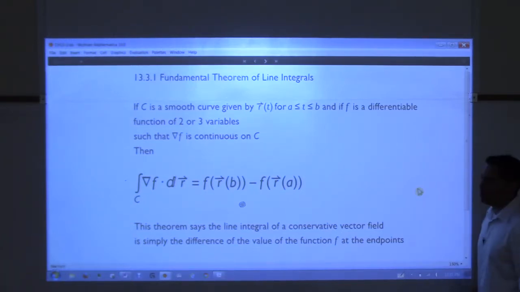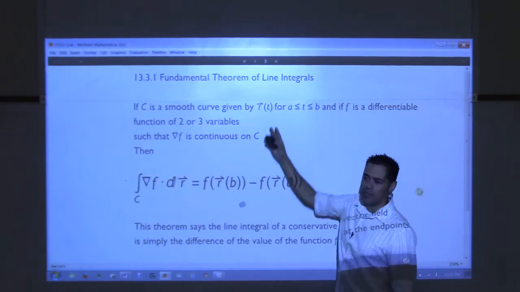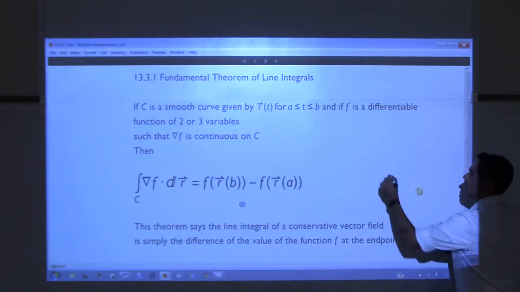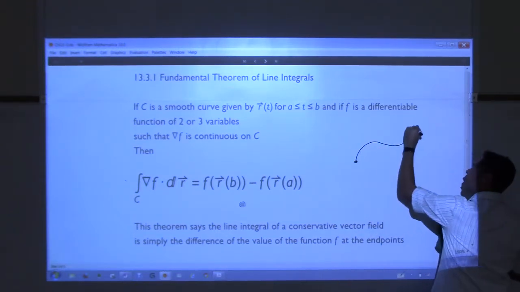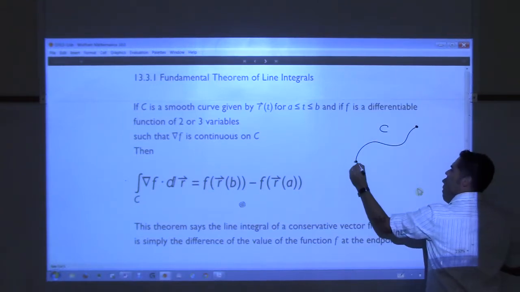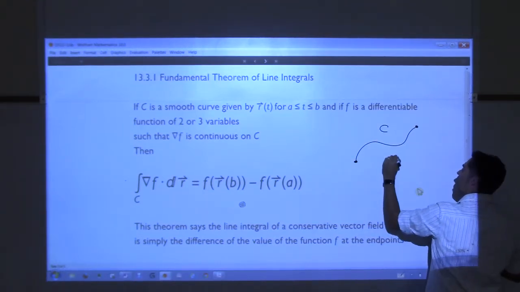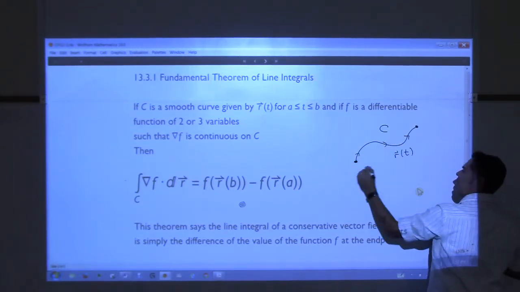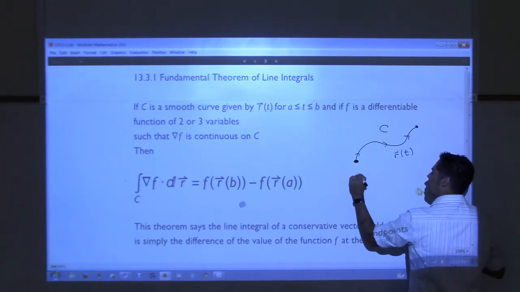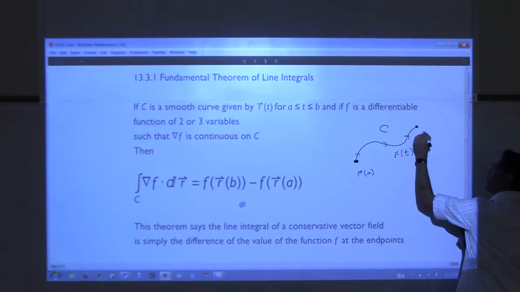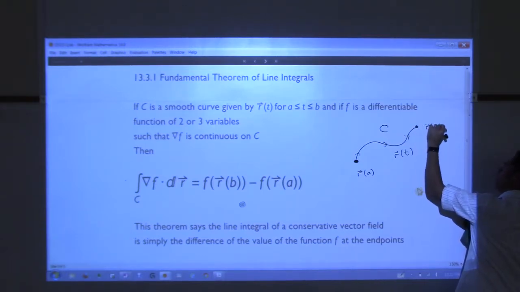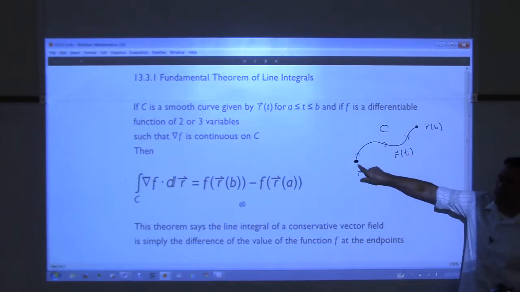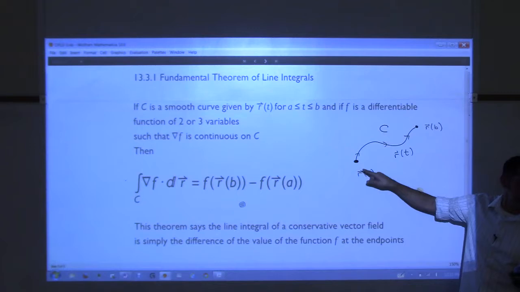If C is a smooth curve given by some vector function r of t, where t is restricted between 2 points A and B, so we've got this curve C. If we're going in this direction, this endpoint right here is r of A, and this endpoint right here is r of B. If you plug A into this, it would spit out the vector that points to that point.